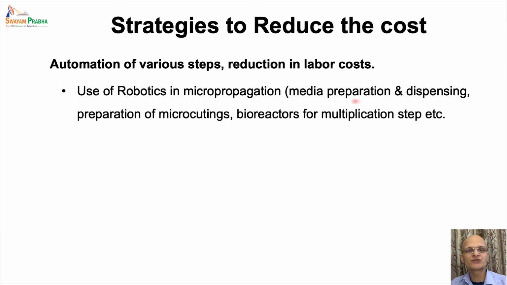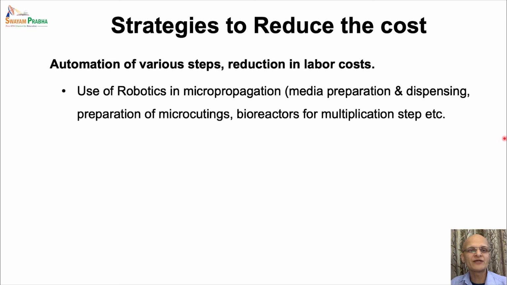It can be used at the several stages, like for the media preparation, dispensing of the media in the desired culture vessels, preparations of micro cuttings, incubation of these micro cuttings on the culture media, or the use of the bioreactors for the multiplication steps.